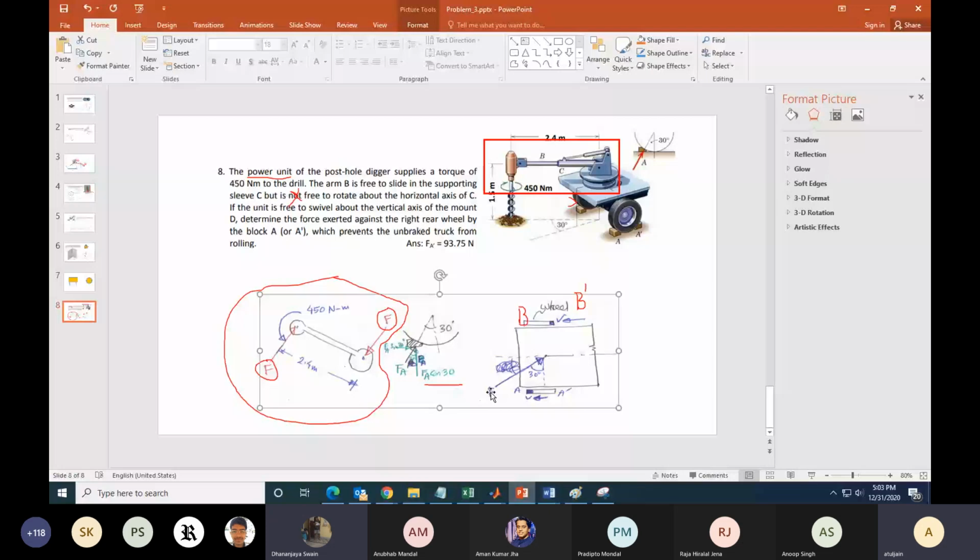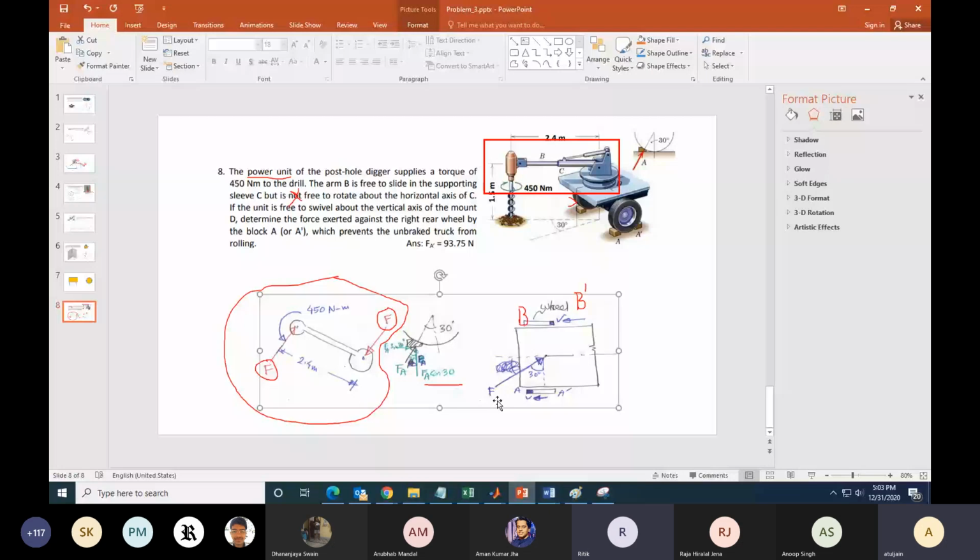Sir, can you please explain why the force is not drawn? Which force? The external torque. When it is applied, there must be a force that causes it. So why is that force not shown in the FBD? Okay, let us go step by step. First, draw the free body diagram of the soil.